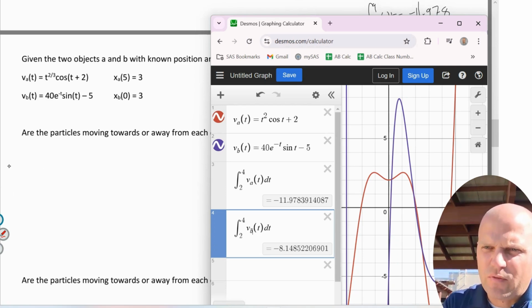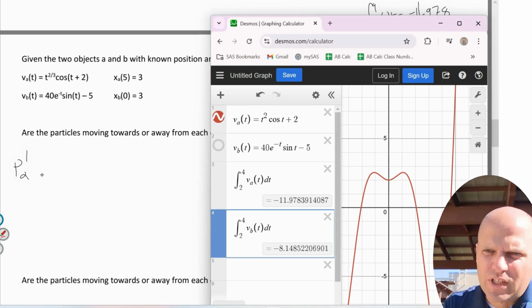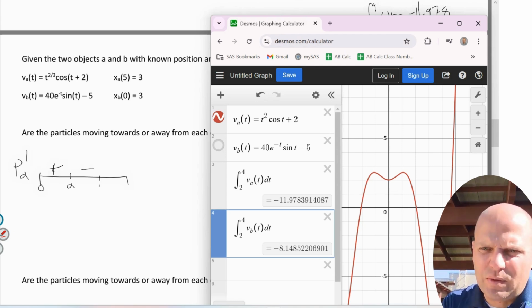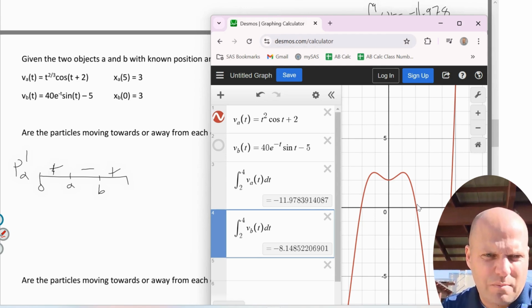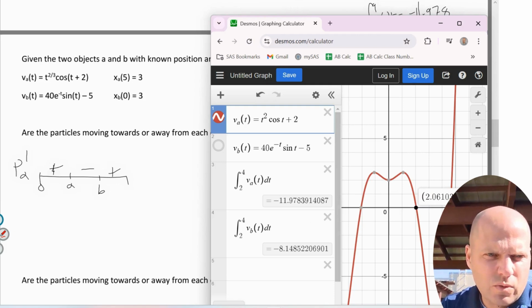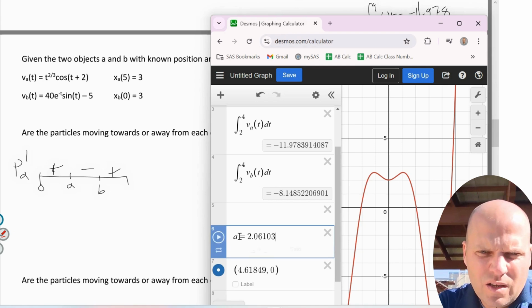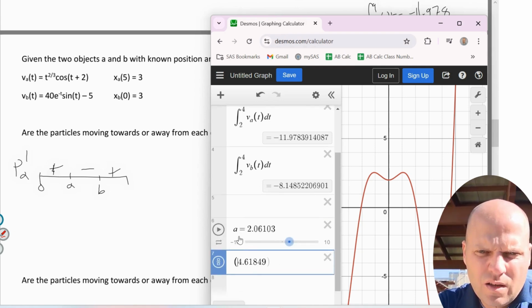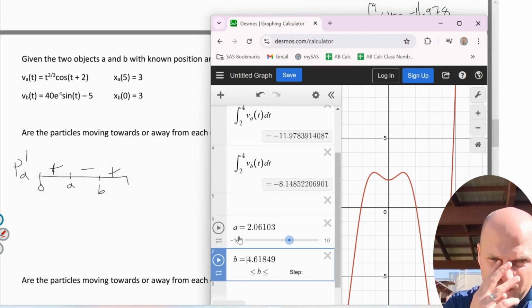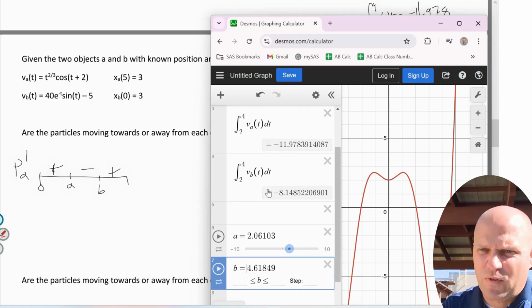Well, let's do an analysis of the derivative of A. So we can see over the course from 0 to 5, oh gosh, it changes sign twice. It's positive until A, it's negative until B, and then it's positive. Let's store those A and B values. I'm going to store this as A and this is B. Cool. That way, if I use A and B, it's going to be for this guy.